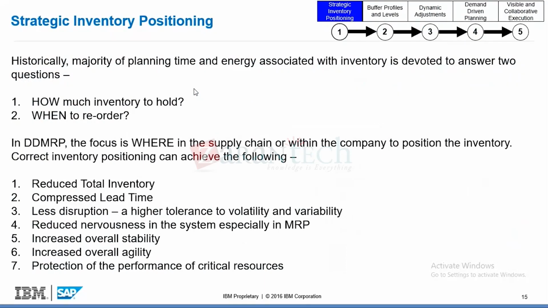Earlier we had 2 questions: how much inventory to hold and when to reorder. In DDMRP, the focus is on where in the supply chain or within the company the inventory is positioned. The first thing is the positioning.